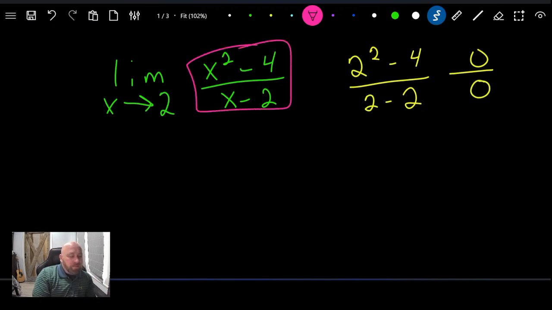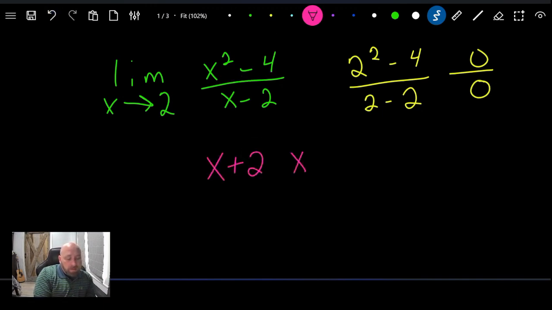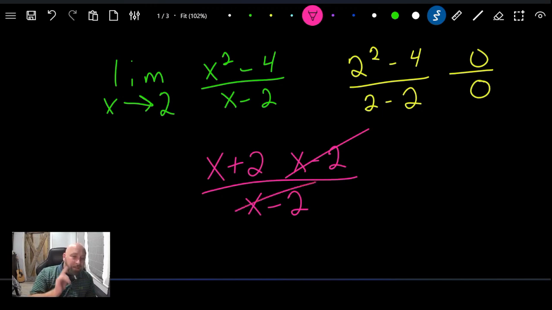Well, let's take this and let's actually figure it out. So let's factor this top binomial right here, and we're going to get x plus 2, x minus 2 over x minus 2. Well, this x minus 2 is what's giving us the problem. And again, this is a concept that we actually touched on in Algebra 2.